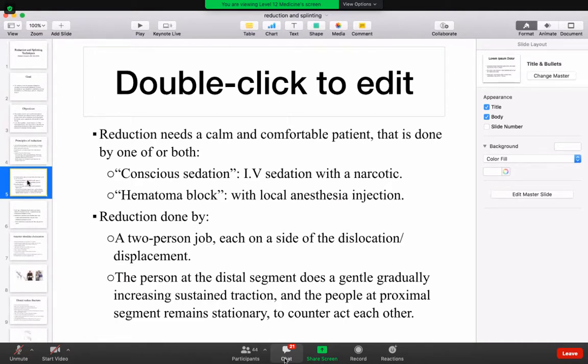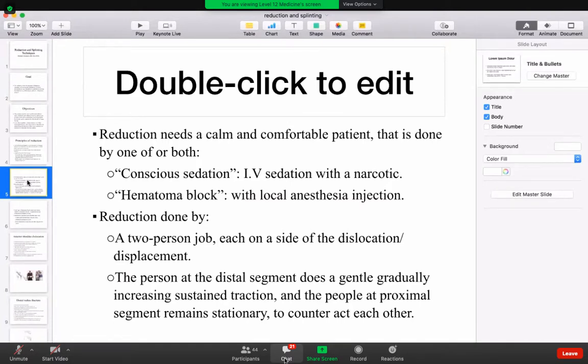Reduction, as we mentioned, is done by two persons. Usually one person is doing traction and the other person is doing counter traction. And then once you do traction and counter traction for a few minutes, you should reverse the mechanism of injury.